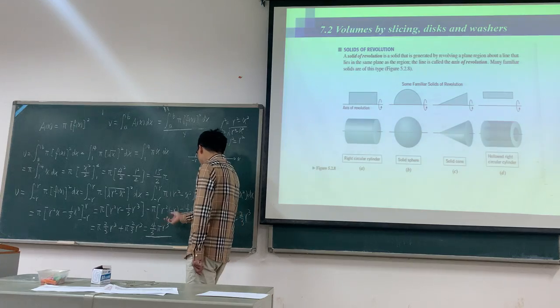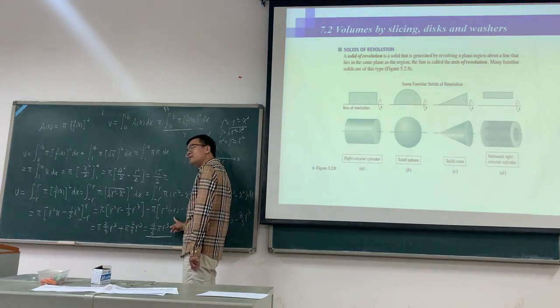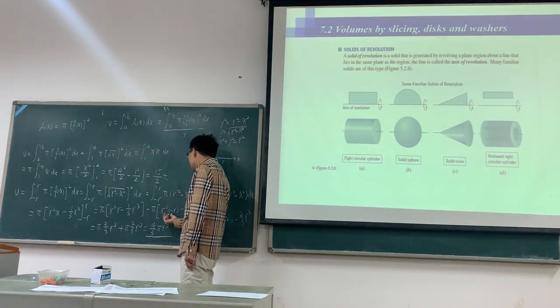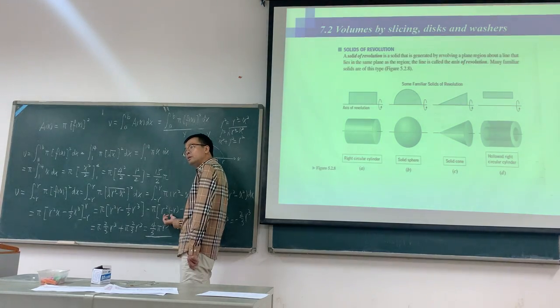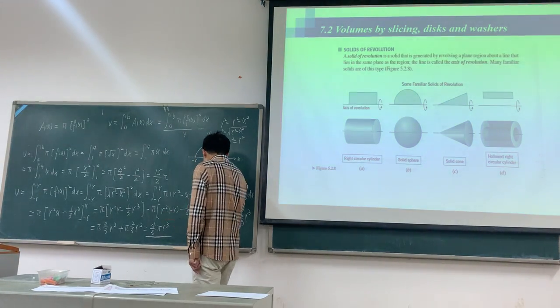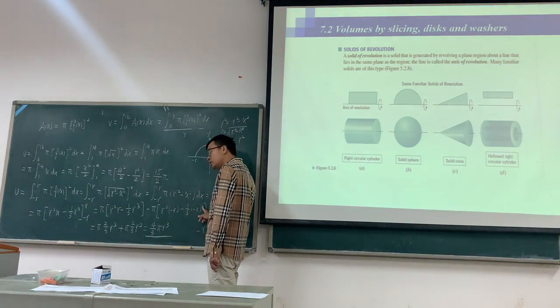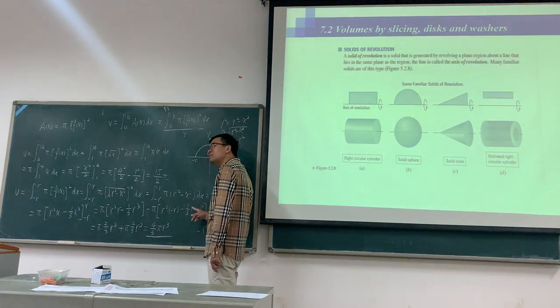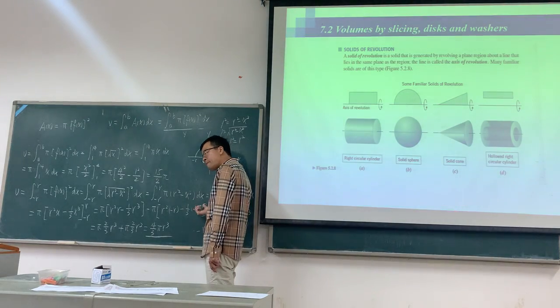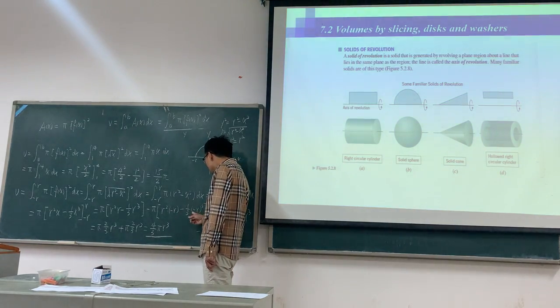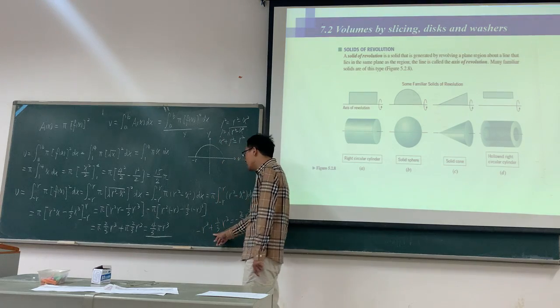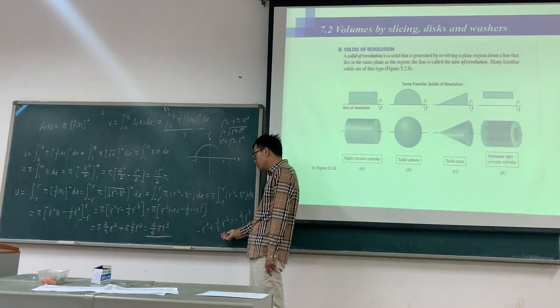So here is r squared times minus r, so actually this one is minus r cubed. So the minus r the whole cube actually is minus r cubed. Minus, so here minus, so here plus 1 by 3 r cubed.